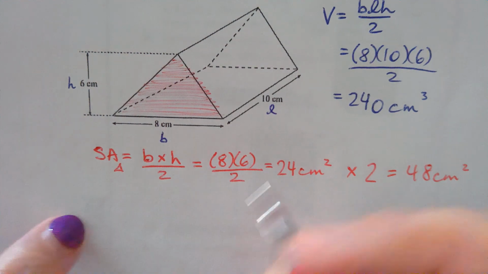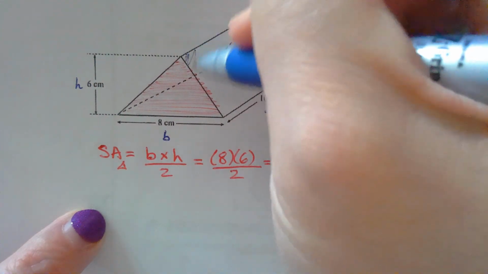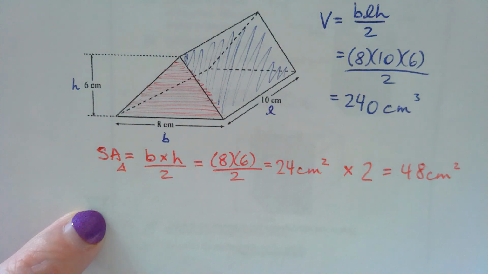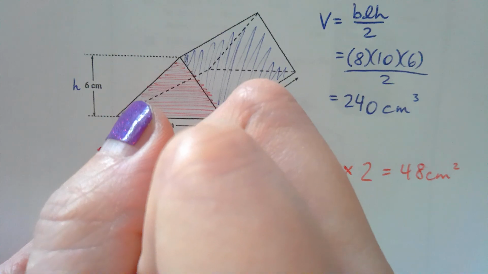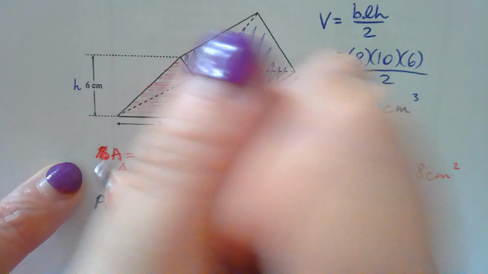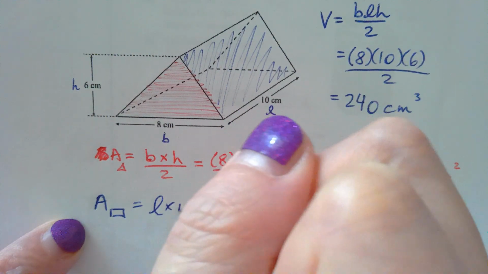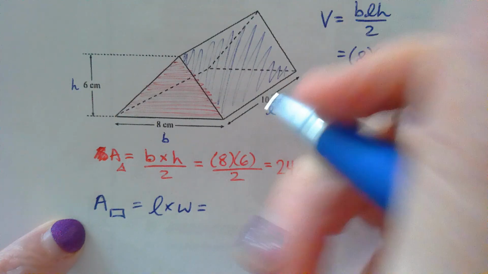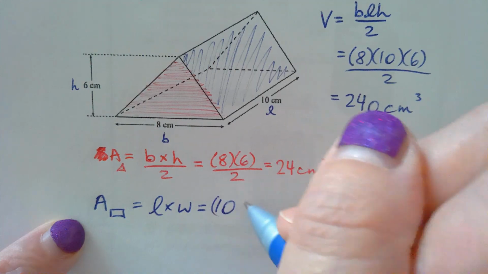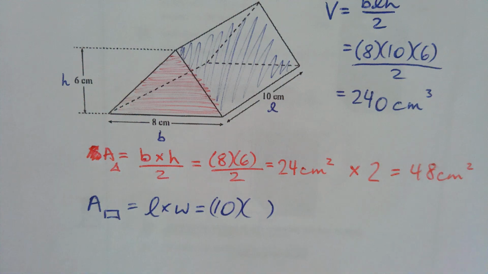Now the side. What shape is that? Rectangle, yeah. So actually I shouldn't write SA, I should just write area of the triangle, area of the rectangle. So it's just length times width. So 10 times, hmm, what's wrong right here?